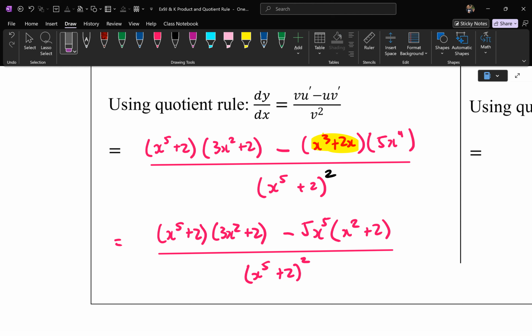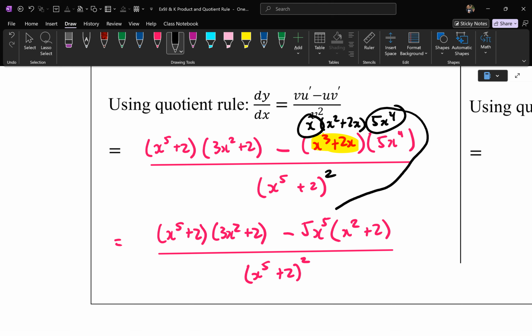Does that make sense, what I did there, or did I skip too much of a step? I just took out the x, and that becomes x squared plus 2x. But if you're multiplying it, this times this becomes that. And yes, it is minus. So it should be minus there. I just took out the x and multiplied it to that.